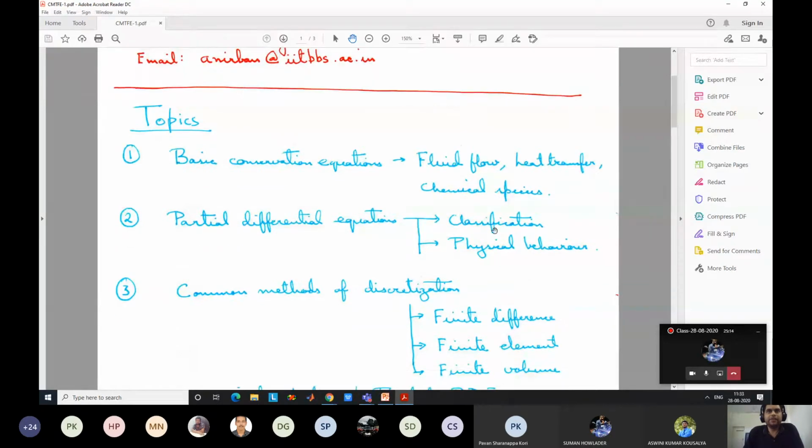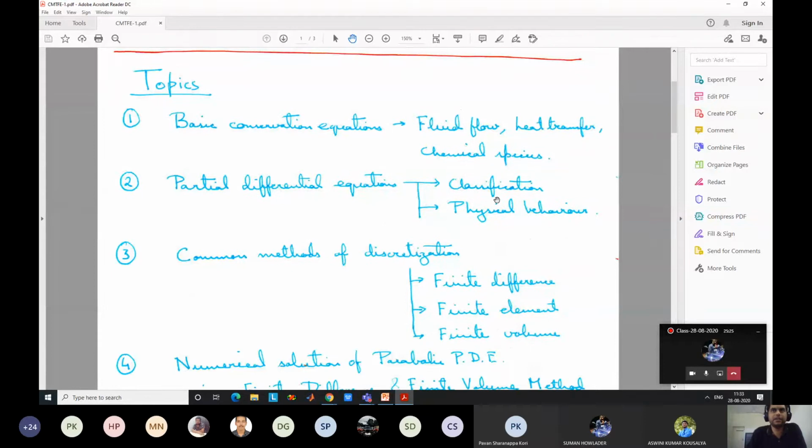And we will also have a brief look at PDEs, partial differential equations, very briefly, classification. Mainly three types are there: parabolic equations, hyperbolic equations, and elliptic equations. And these are very important in defining physical problems. Physical problems can be defined based on first order or second order equations.